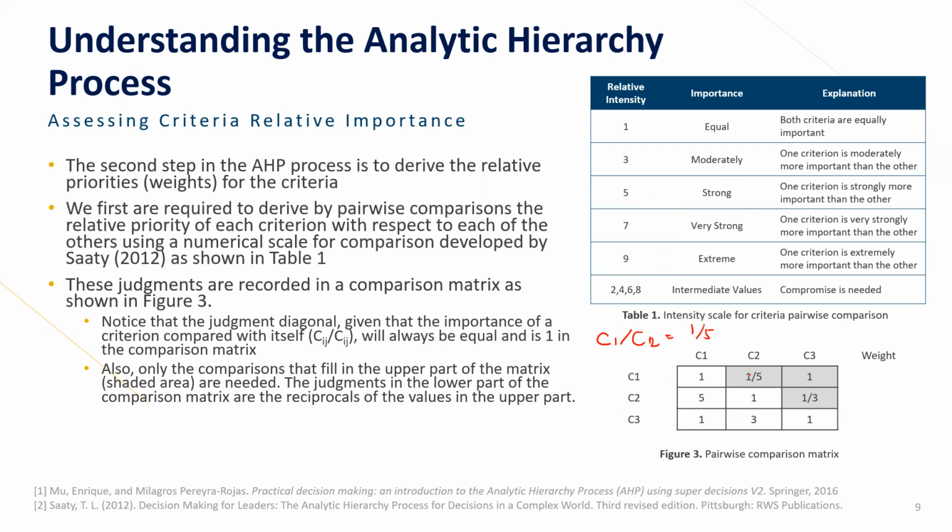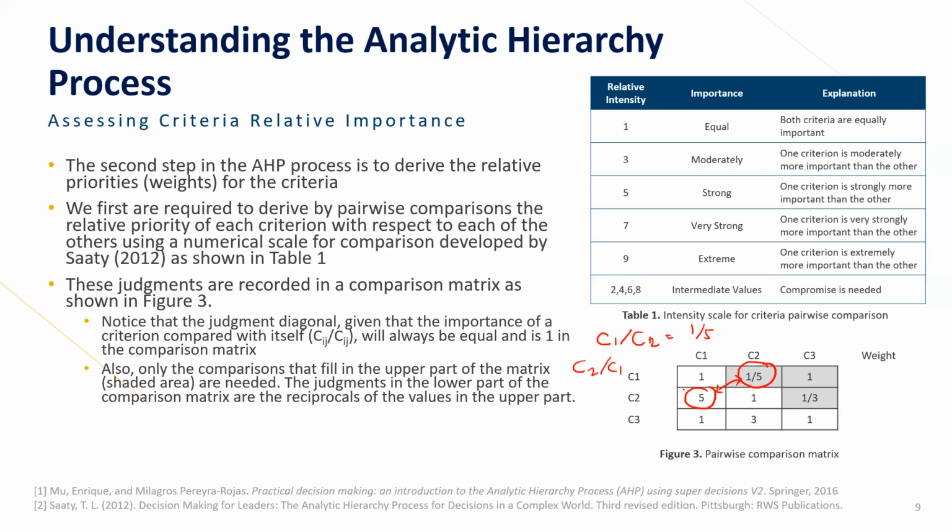So 1 out of 5 here. I hope you understood that. And you don't have to write again for this one, because it's the reciprocal, or the opposite, of this value. It will be C2 per C1, so it will be 5. I hope you get the correlation between this and this. It's just the opposite, or we call it a reciprocal relationship.